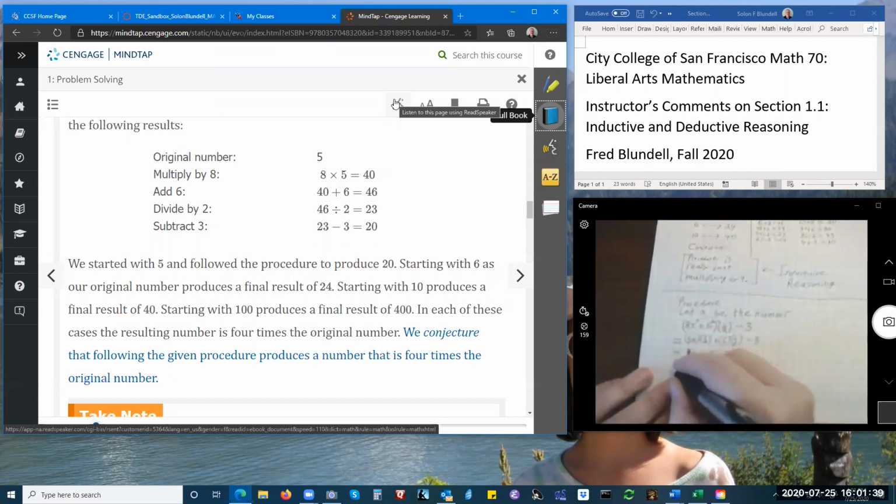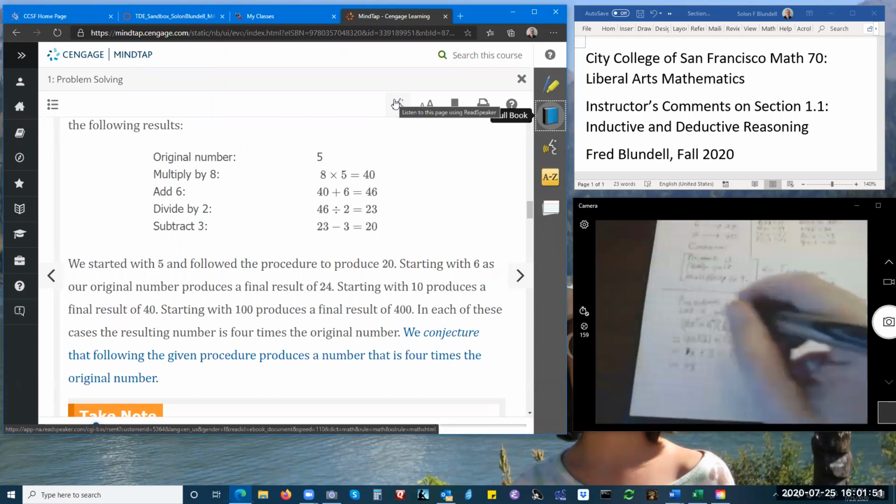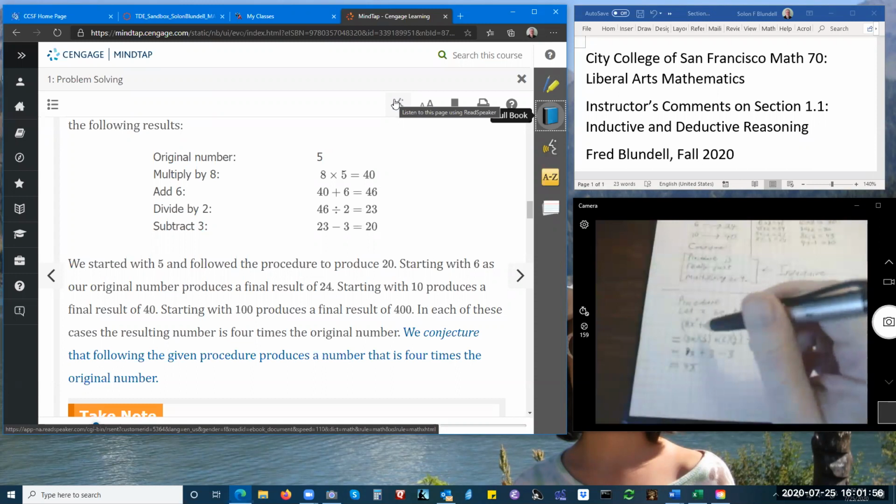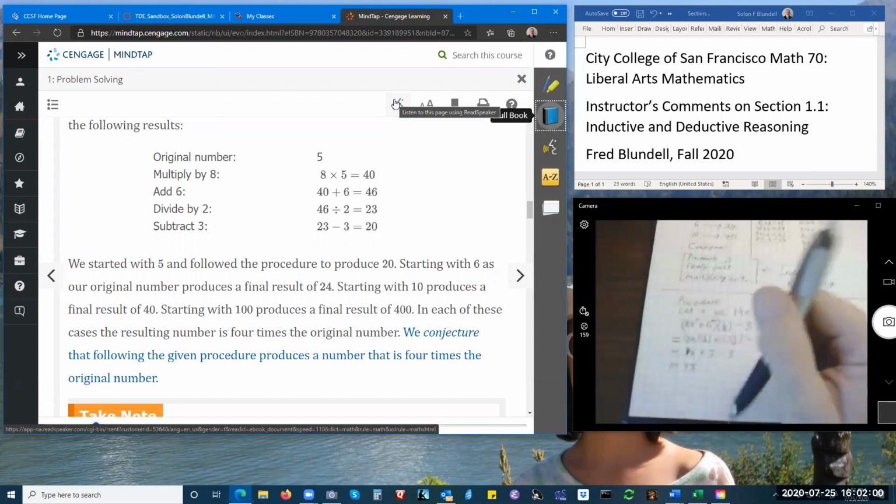And 4x, add 3, and then subtract 3. It boils down to just 4x. So what's the point here? So now we have a proof that the original procedure, which was complicated, is the same as just multiplying by 4, which is simple.